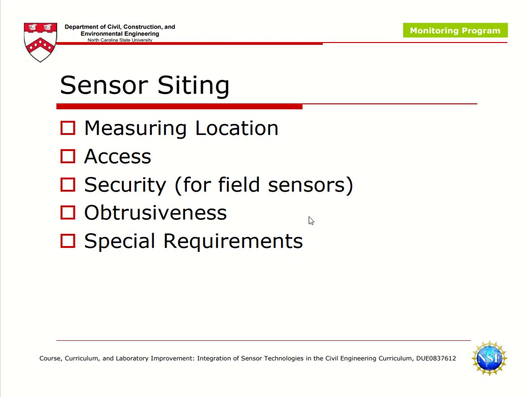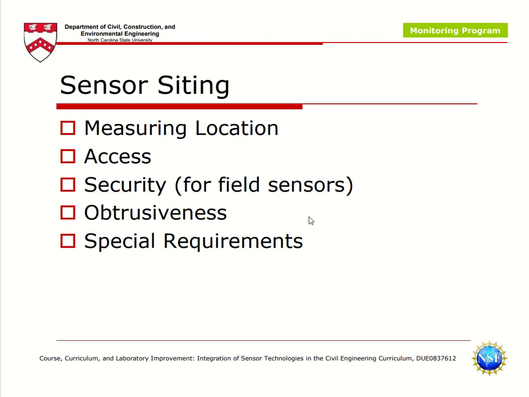The output you will be getting will be erroneous. So you have to make sure that your sensor is well secured, and you also have to make sure that thieves don't catch it and don't steal it, right? So security is an important portion.